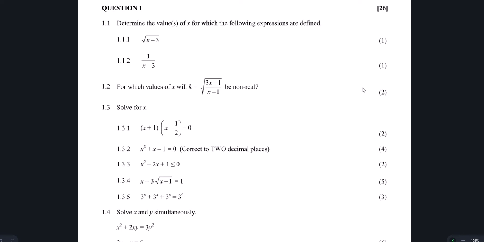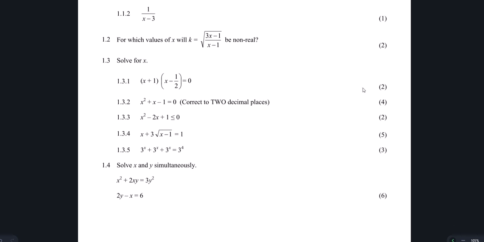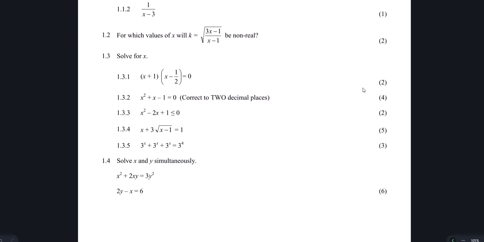We have a radical, we have a fraction here, and then for which values of x will the square root of 3x minus 1 all over x minus 1 be non-real. So we're going to discuss those things.